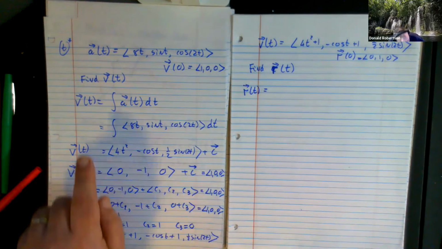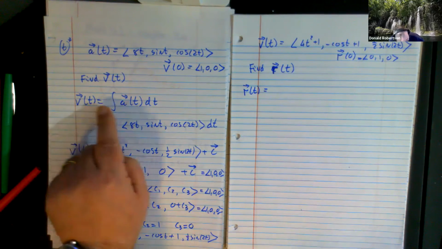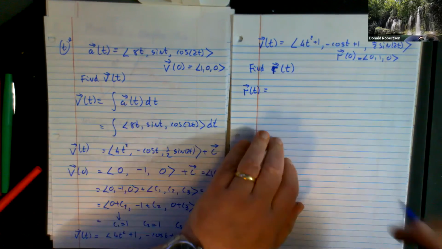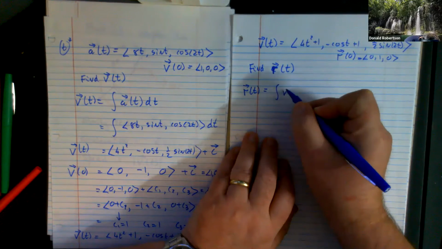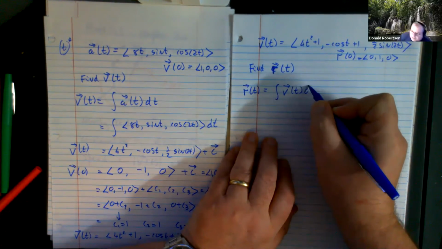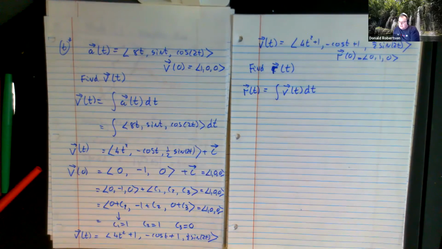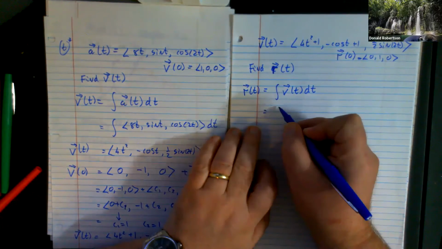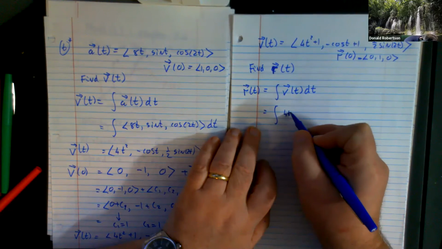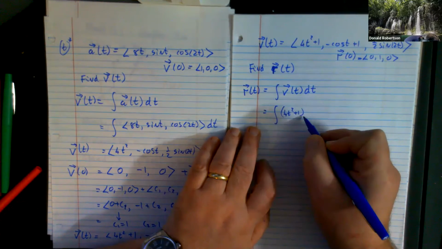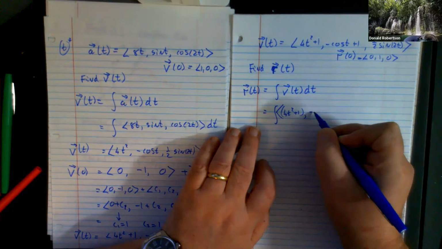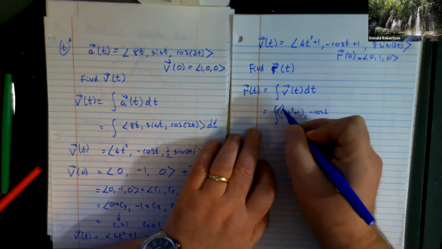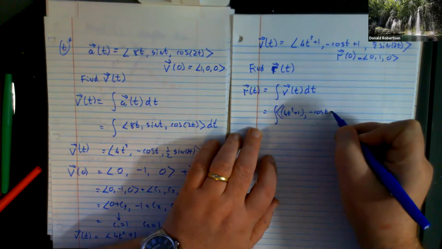So if finding the velocity vector, you integrate the acceleration vector, to find the position vector, shouldn't you integrate the velocity vector? Does that make sense? Integrate acceleration gives you velocity, integrate velocity gets you position. So in this case, it's going to be 4t squared plus 1, negative cosine t plus 1.